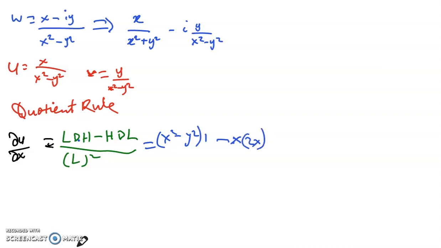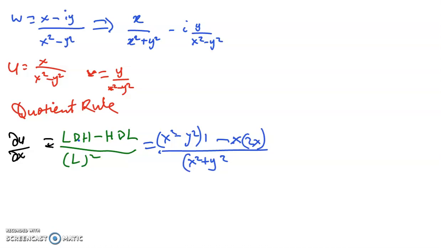So we have x times 2x. Now we want to divide this all through by low squared. Low squared is nothing but x squared minus y squared, all squared.